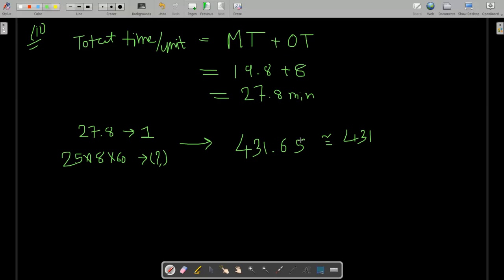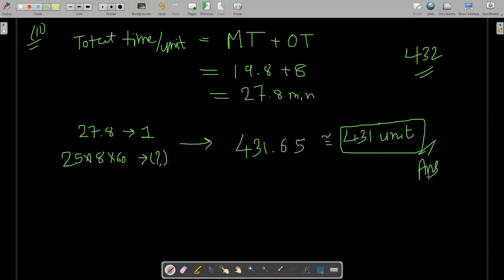Because no product has been completed. When a product is said to be complete or output, all the operations are completed. Here 0.65 means the 432nd product will be only 65% completed. So we take the nearest value, 431 units. This is the answer of the second question.